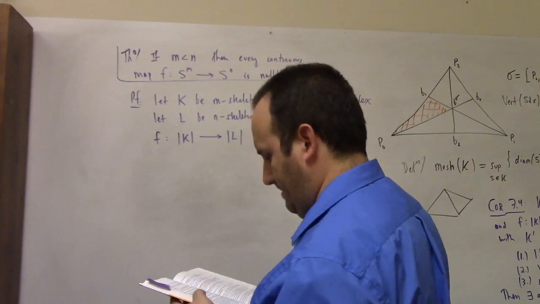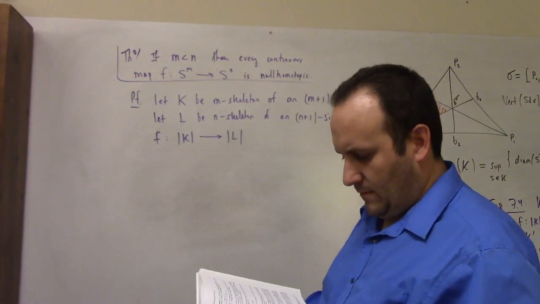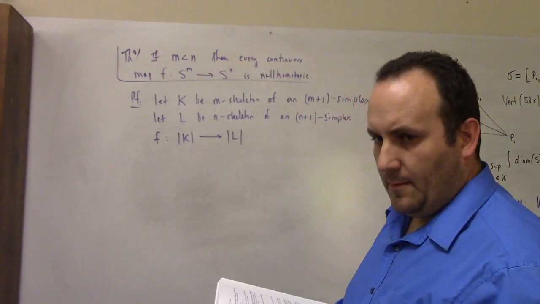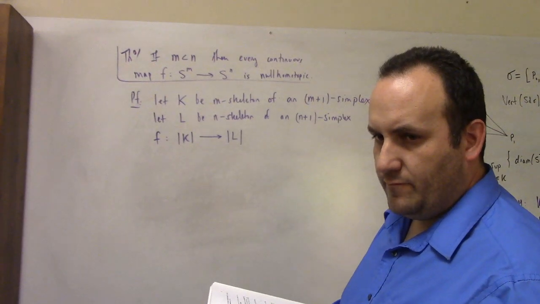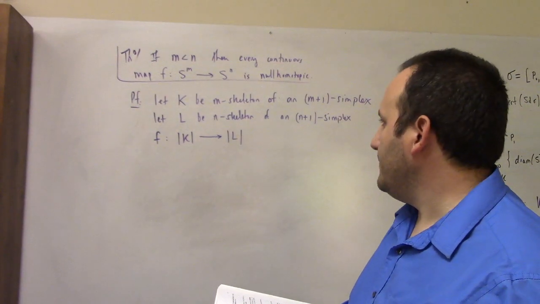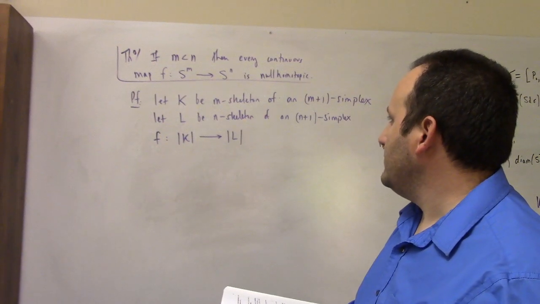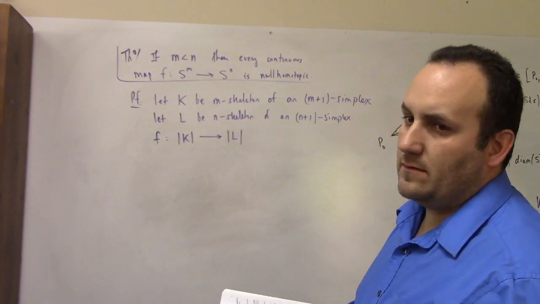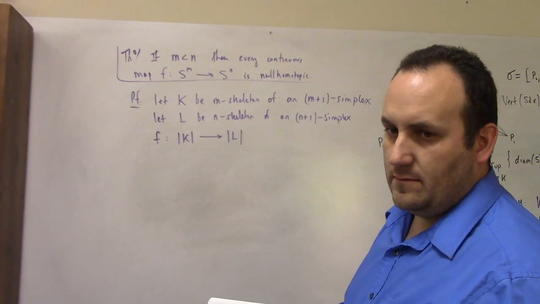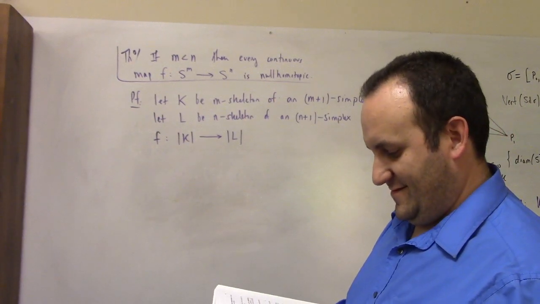They're implicitly using the fact that S^m is isomorphic to the m skeleton of an m+1 simplex. They're just not stating that. Why would you state it? It's an exercise left to the reader.